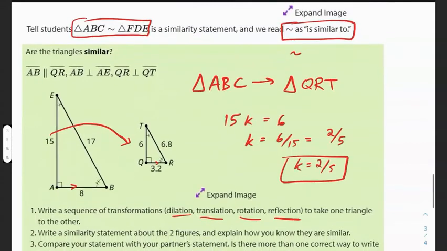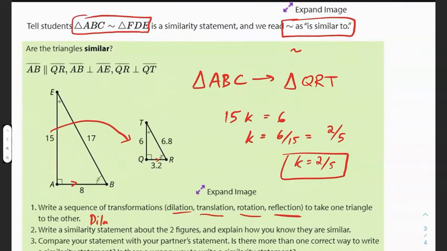Okay, so now that I know that, I can say that we can dilate. So first things first, dilate triangle QRT with scale factor of, actually we're going to have to do the reverse of 2/5, right? Because that'd be 5/2.